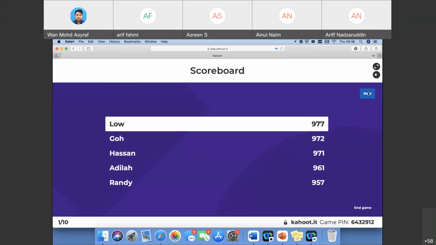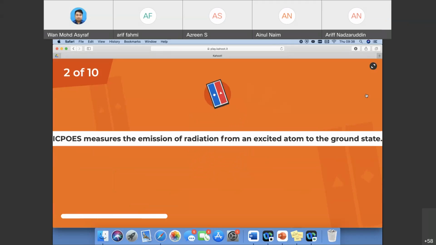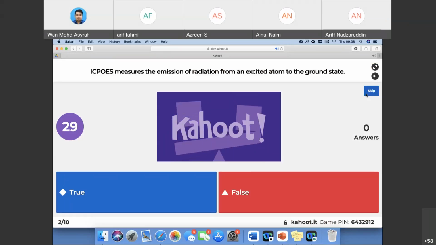So siapa yang leading? Okay. Alright, next question. True or false again? ICP-OES measures the emission of radiation from an excited atom to the ground state. Betul ataupun salah? True or false?